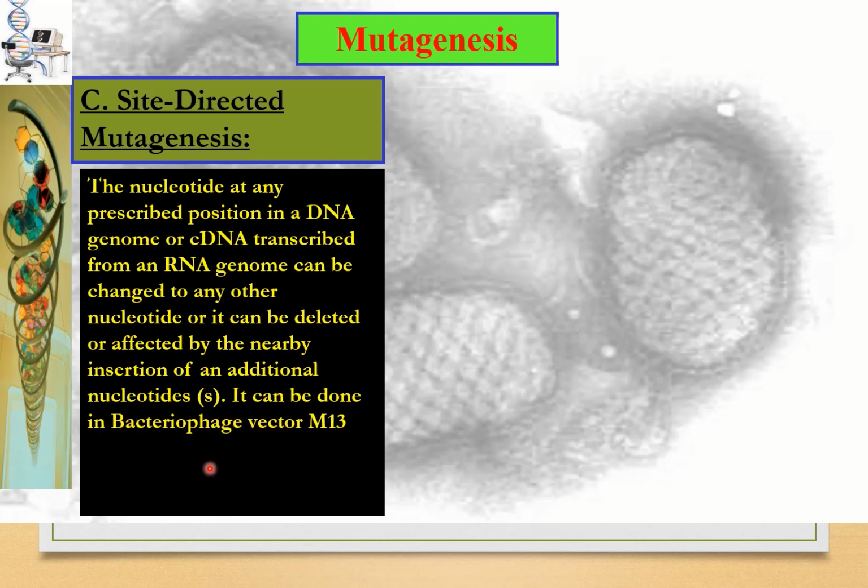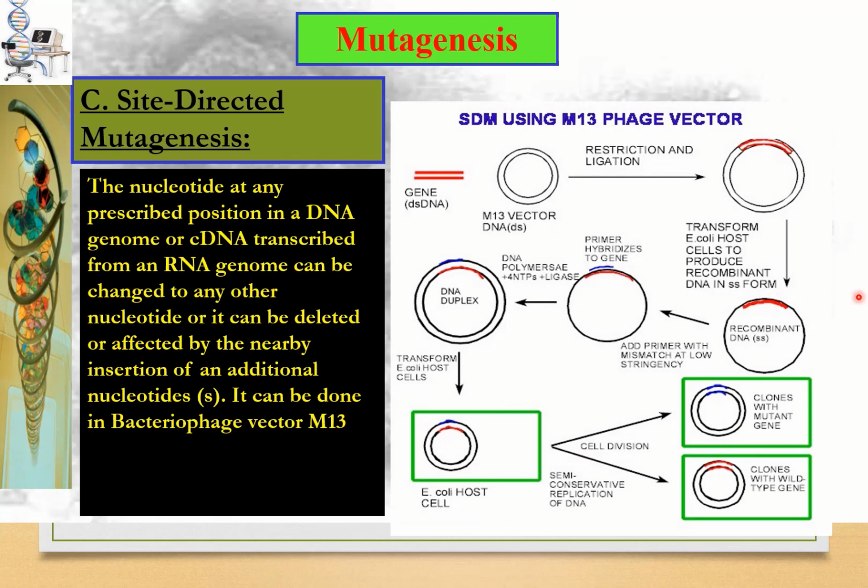It can be done in a bacteriophage M13 vector. And here the gene is in the vector, and here DNA polymerase, and here transformed into E. coli host cells, and here the cell division.